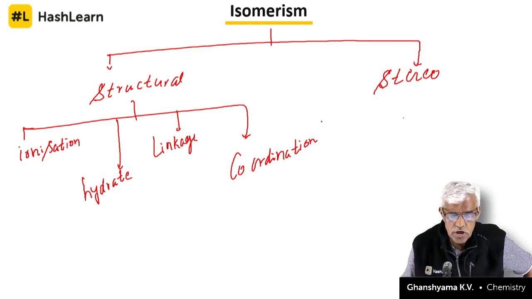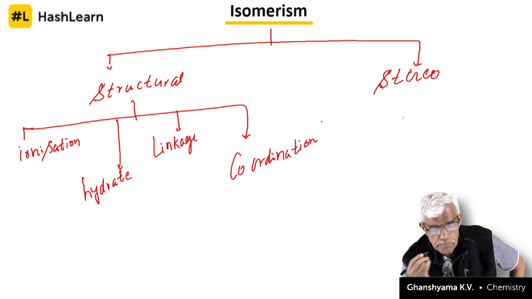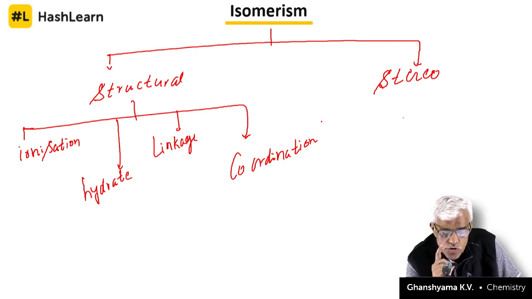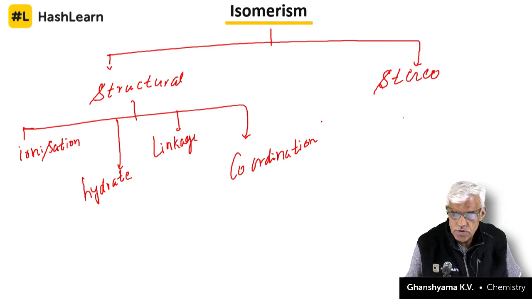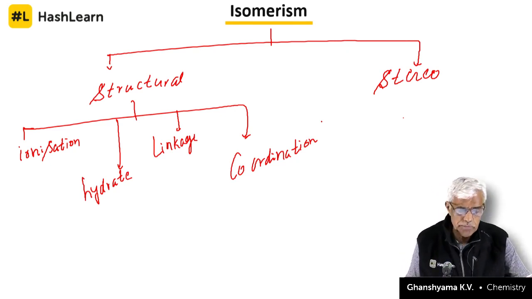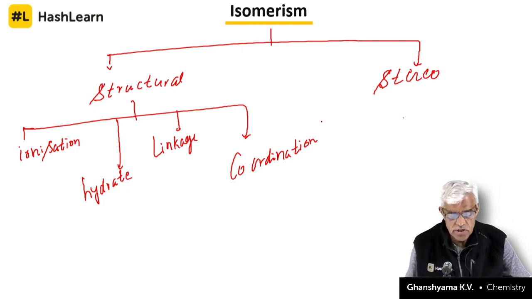So I repeat, isomerism is coordination compounds having the same molecular formula but different structures or different distribution of ligands in 3-dimensional space. According to that, we have structural isomerism and stereoisomerism.